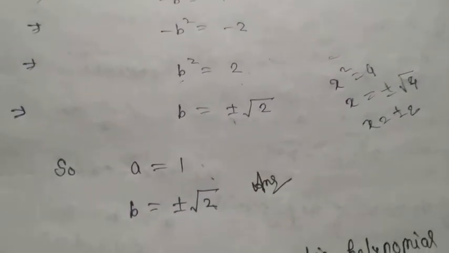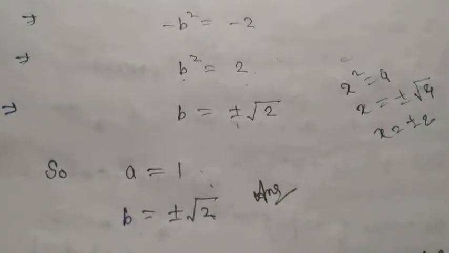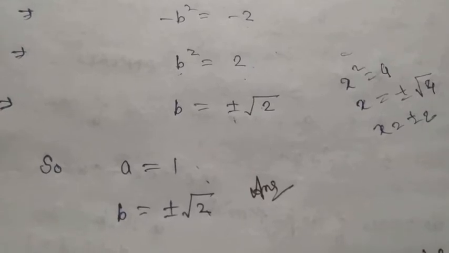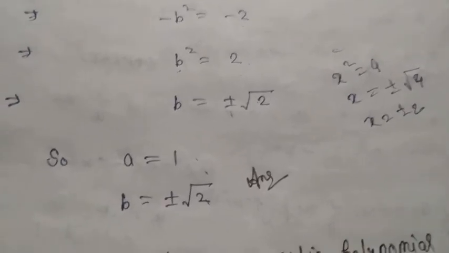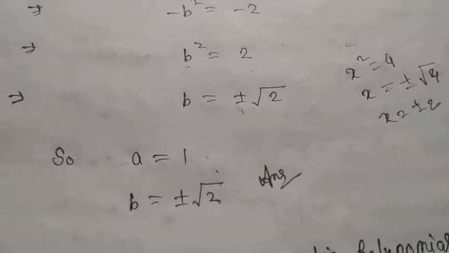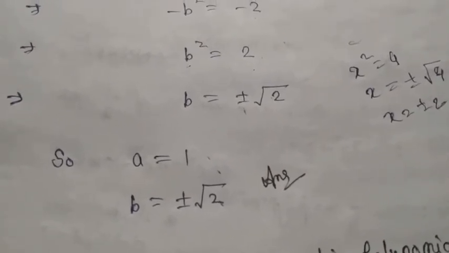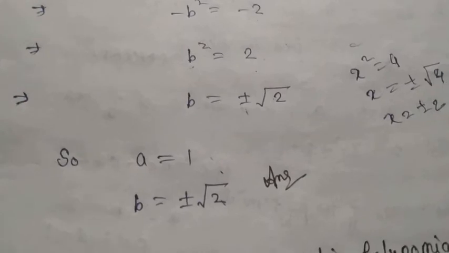Listen children, whenever you have to solve different problems on quadratic, cubic, biquadratic, remember one thing: whenever you are going to solve any problem, whatever information is given, just write it.